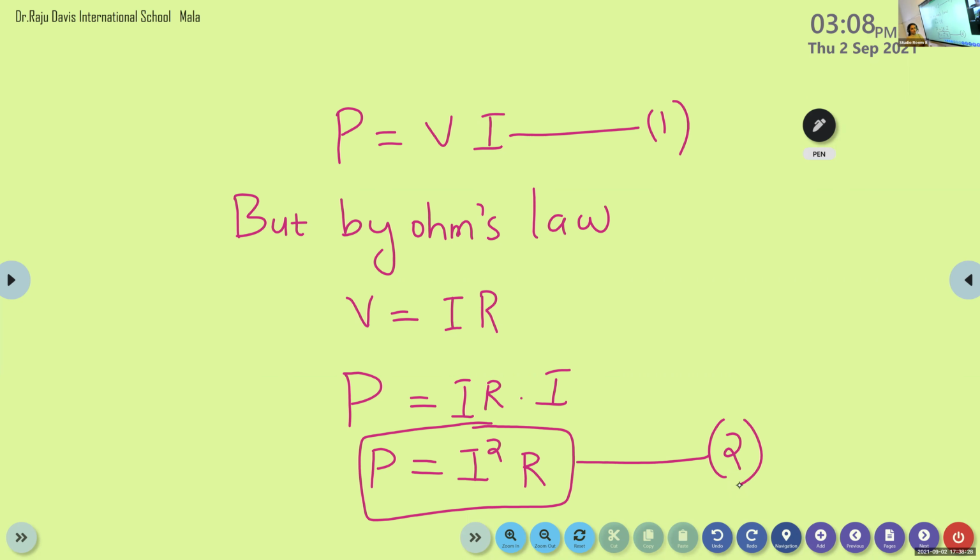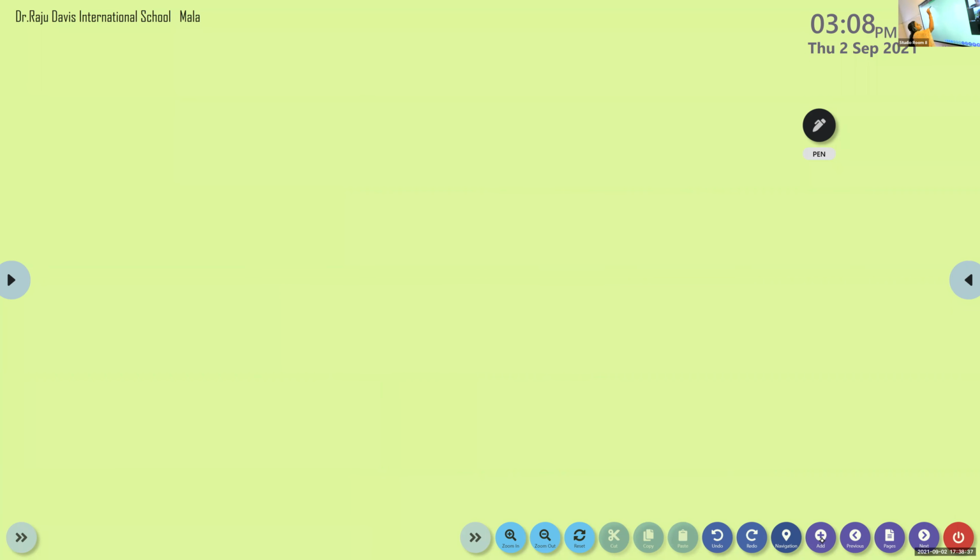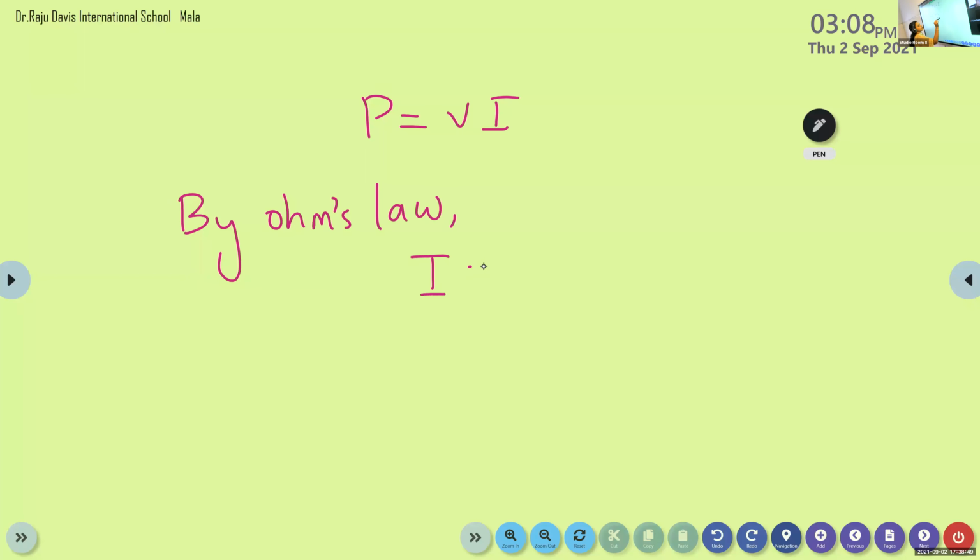Again we can give one more modification to the first basic equation, so we get one more equation for power. P is equal to VI. Again by Ohm's law, what is I?